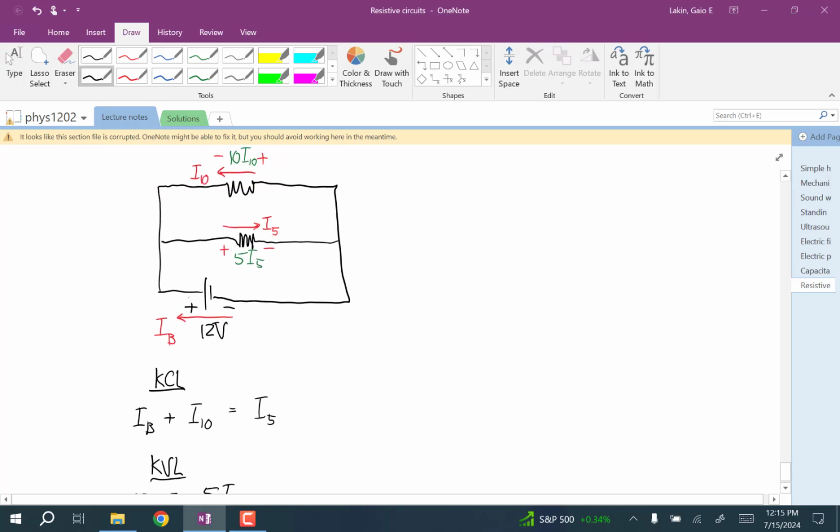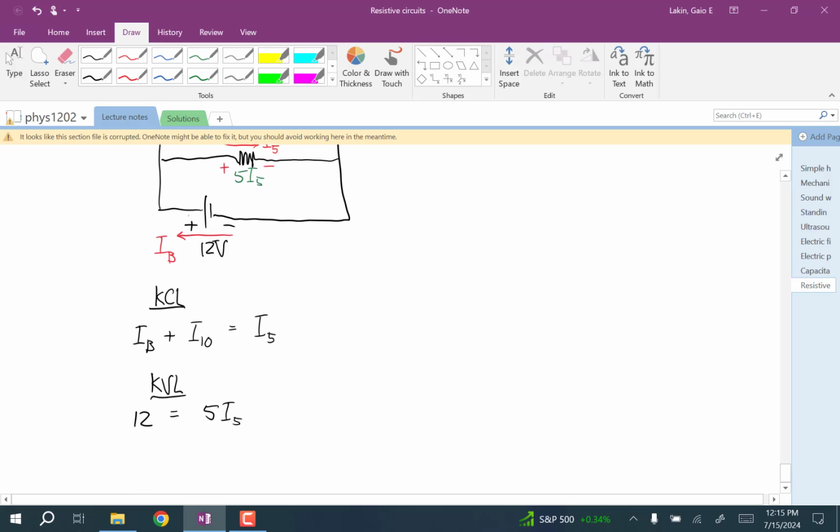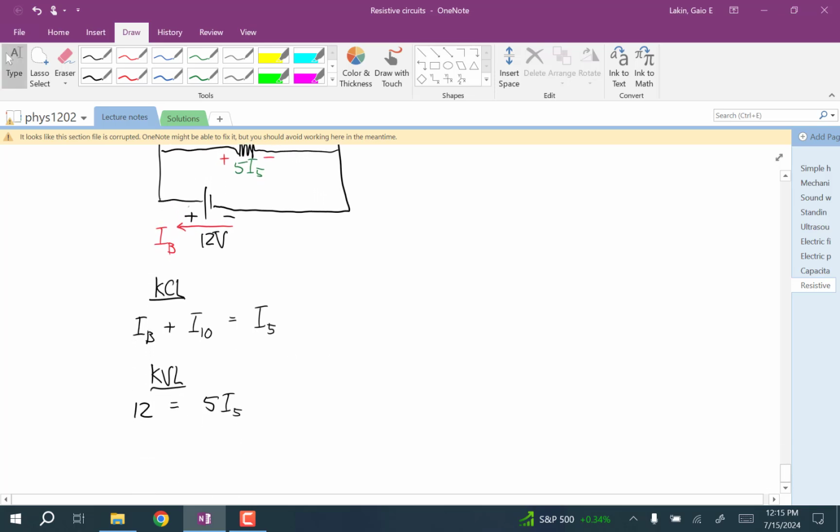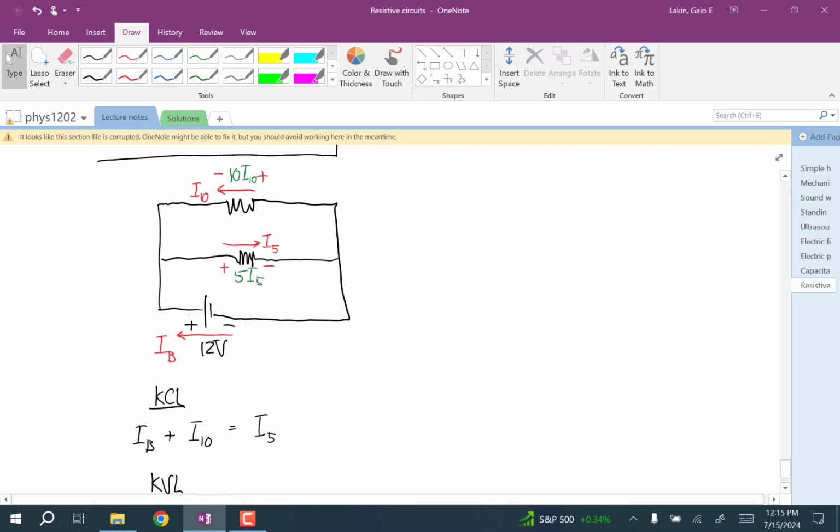And then for a second one, we could use the outer loop, or we could use the small top loop. I guess I'll use the outer loop in this case, but I don't have any reason for that. I'm just going to do it arbitrarily. So we have a voltage rise of 12, and we have a voltage. Now, the way I have it guessed, my wrong guess, says this is another voltage rise if we're going clockwise around this outer loop.